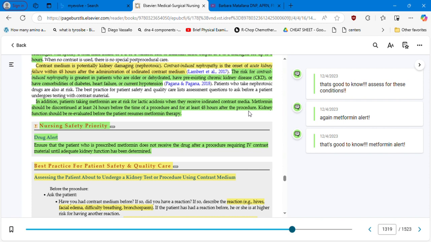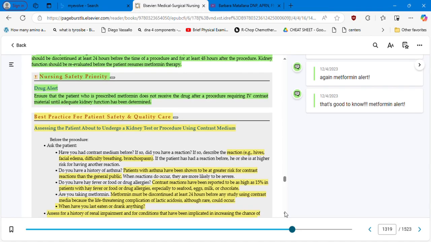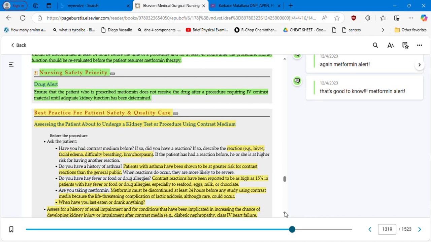Metformin alert, NCLEX alert. Kidney function should be reevaluated before the patient resumes metformin therapy. Now, safety priority: ensure that the patient who is prescribed metformin does not receive the drug after a procedure requiring IV contrast material until adequate kidney function has been determined.